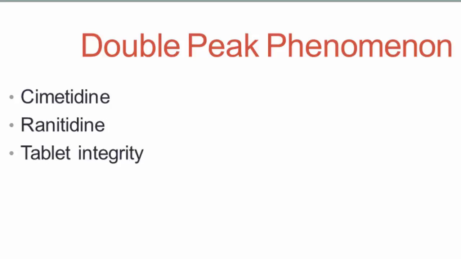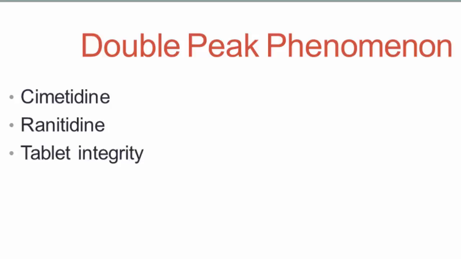The residual drug which is not properly dissolved may pass to the intestine through gastric emptying, and then show a second absorption peak. In that way we can see two peaks, a double peak, sometimes because of an improper dosage form.